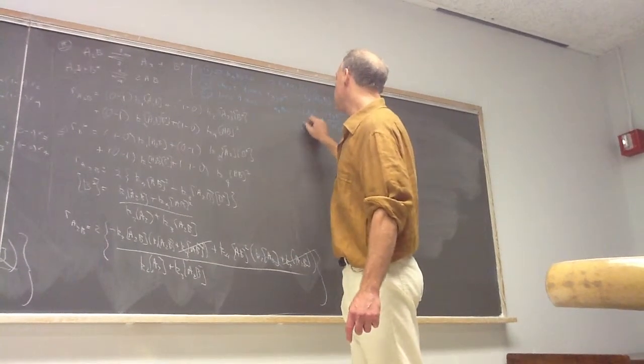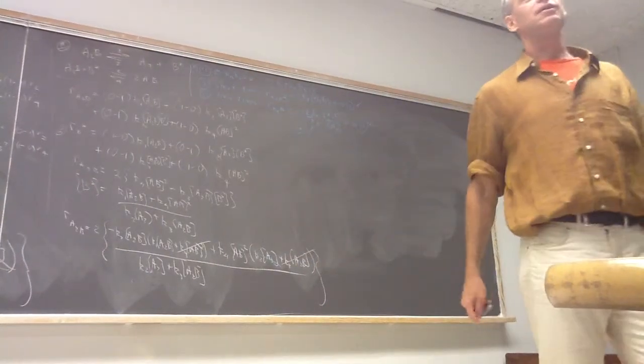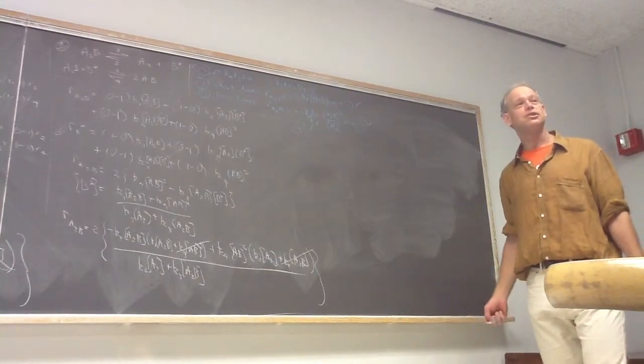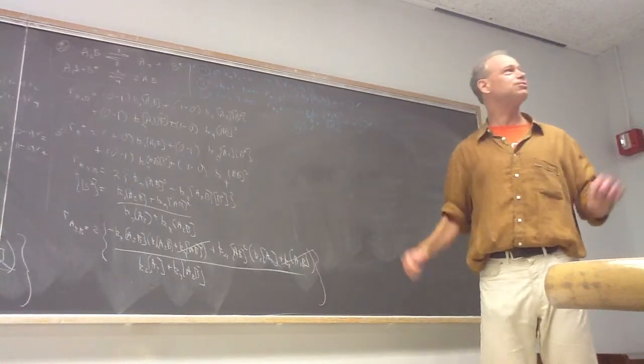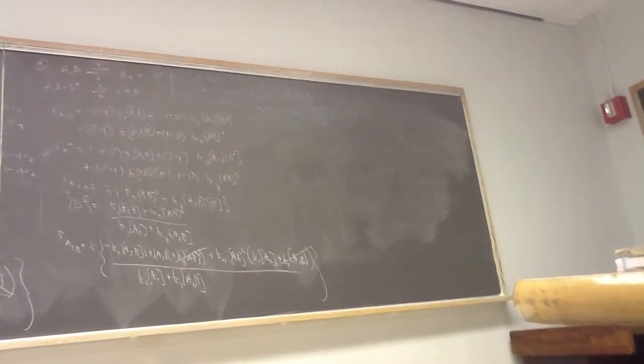Now it doesn't mean we don't have very much reactant. And what I didn't fuss about was the size of K2 and K3. K2 and K3 are constants. When I say that this term is small compared with this term, I'm not saying that A2B is small compared with A2. I'm saying that K2A2 is large compared with K3A2B.